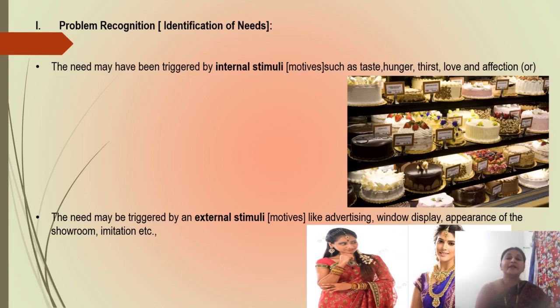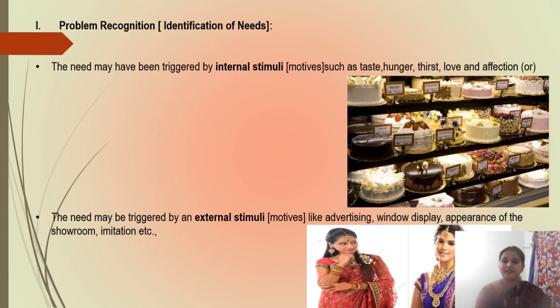The need may be triggered by internal stimuli, that is motives such as taste, hunger, love, and affection, or by external stimuli, that is motives like advertising, window display, external appearance of the shop, imitation, etc.